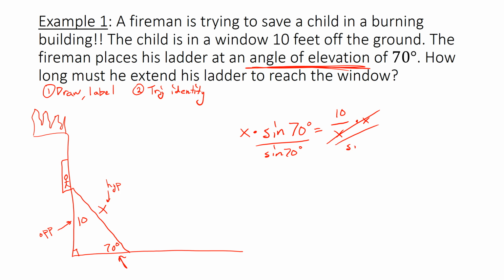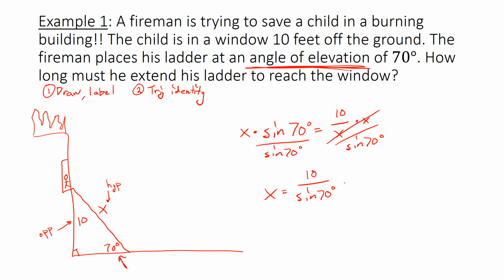So I'm going to divide both sides by sine of 70. Now my equation is x equals 10 over sine of 70. Because remember, sine of 70 is just a number, right? I can stick this into my calculator, and because all right triangles with 70-degree angles are the same, the calculator will be able to find it. It will know sine of 70.